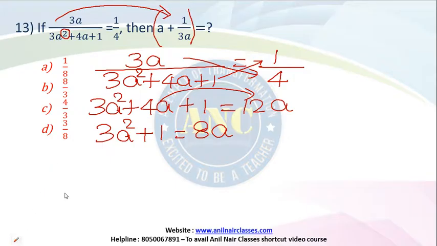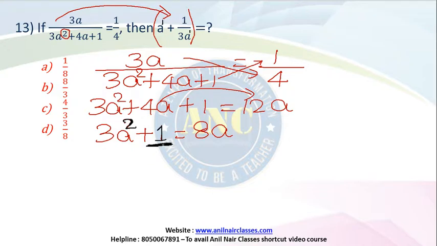Now I still have degree 2 with me, but I am very much interested in making it degree 1. Now it should be power 1 and it should also be 1 by 3a power 1. I have 1 here. I want to make it 1 by 3a. So divide by 3a on the left hand side.